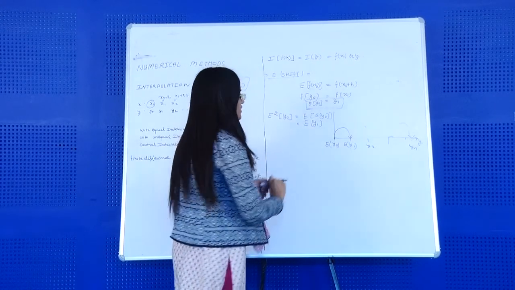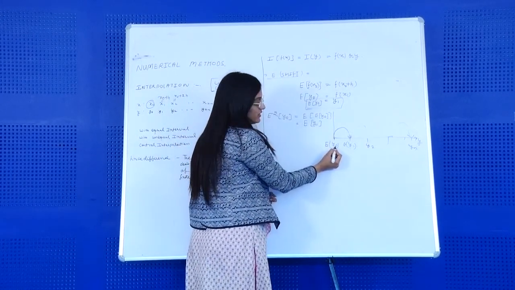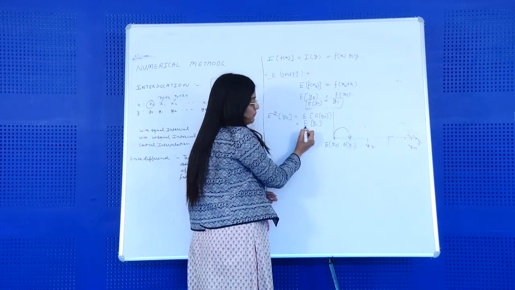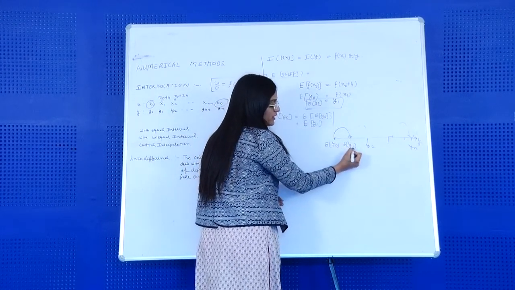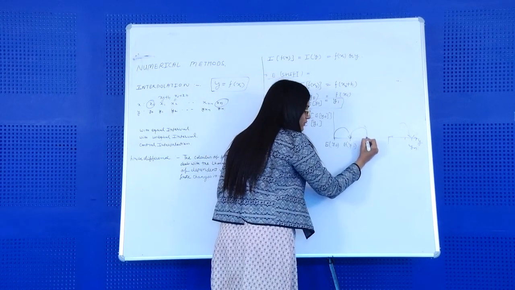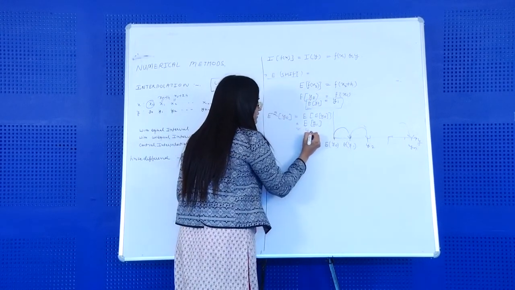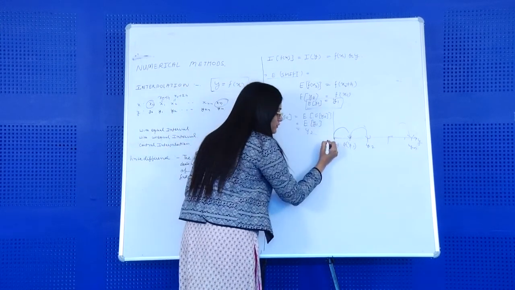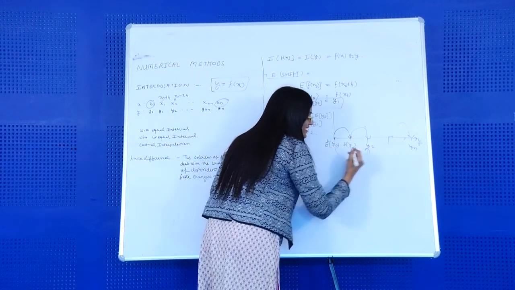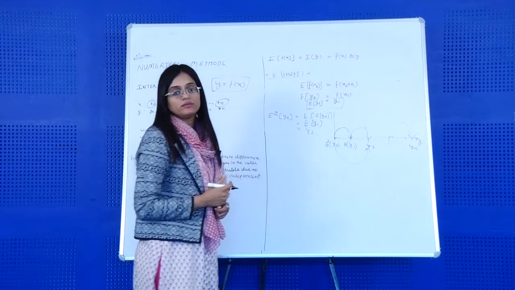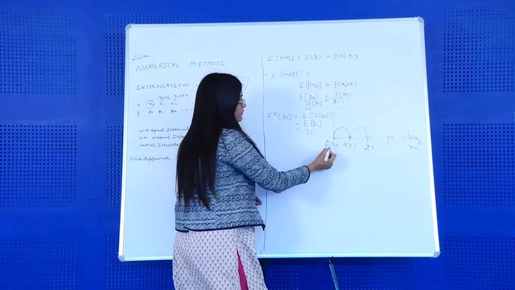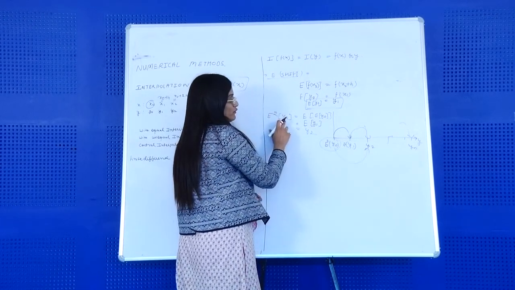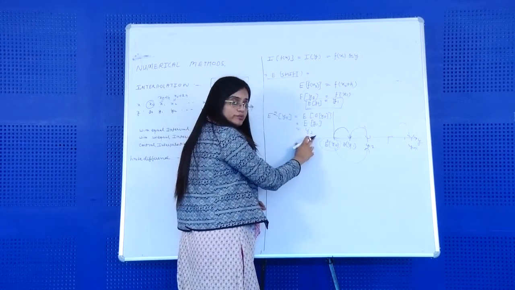I apply the shift at y0 position, I get y1. Here again I have a shift operator, I apply the shift operator on y1, I get y2. So ultimately, when I apply the E raised to power 2 on y0 position, what I get? I get 2 increments at the position. So here E raised to power 2 y0 equals y2 position.